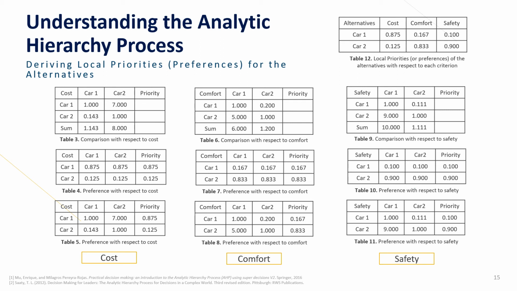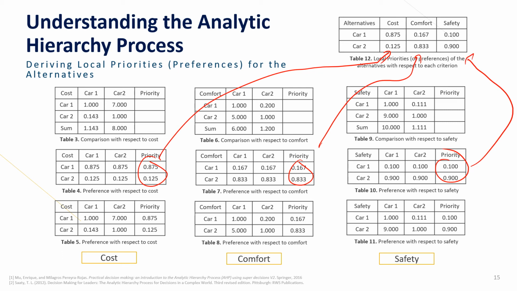Finally, all of this priority, you summarize it into one table. So you will see the general picture here, where car 1 in terms of cost the priority is 0.875, in terms of comfort 0.167, safety 0.1.